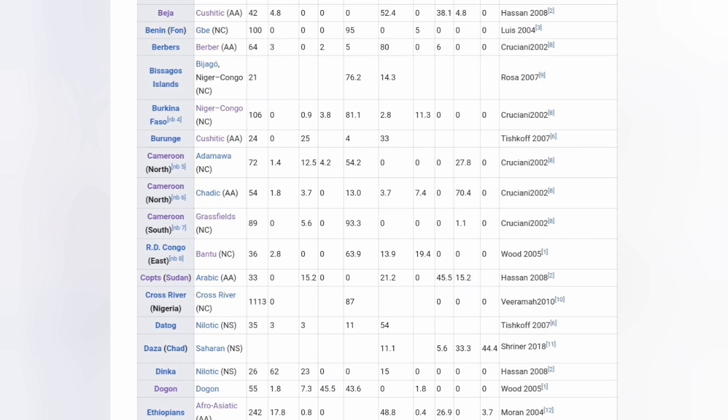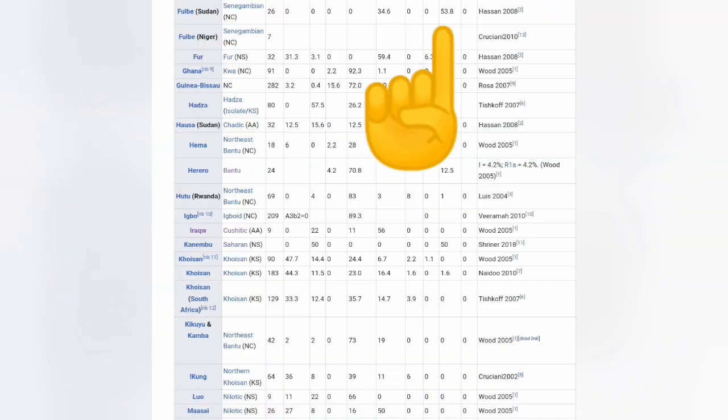Then the Bantus have 0. The Copts have 15%. The Daza have 33%. The Fulbe have 53%.